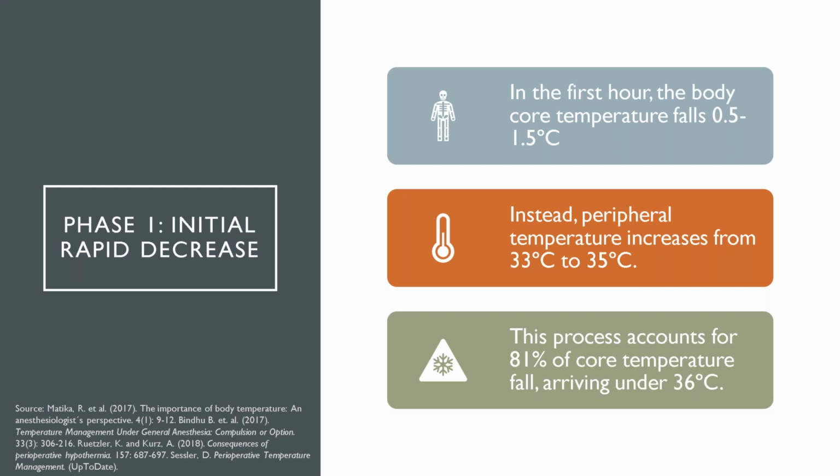What's happening is that the heat from the core is being distributed out to the periphery and then being lost through the periphery. That redistribution of heat from the core body to the periphery accounts for at least 81% of core temperature fall, for patients who are arriving under 36 degrees Celsius.